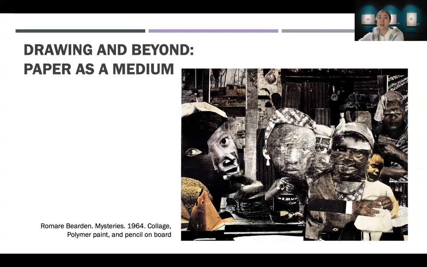And there is African sculpture in this collage work, and a train in the top left corner means the outside world, which is the white world. So through this work, Bearden wants to show African Americans' life and culture in the 60s.